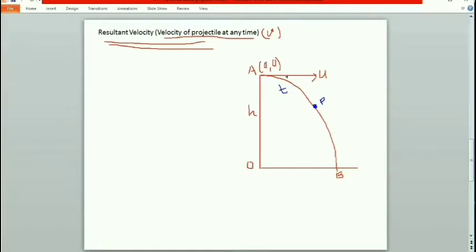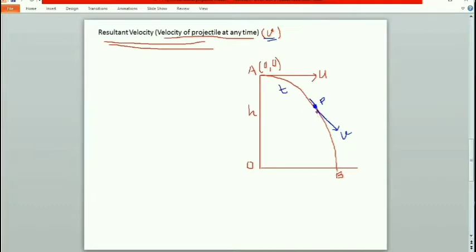This is the position of the projectile after t time. So initial velocity is u, but what is the velocity at this point P? That is called resultant velocity. So how to find the direction of velocity, because velocity is a vector quantity? In this path, if you draw a tangent line, this will give the direction of the resultant velocity that we have to calculate.